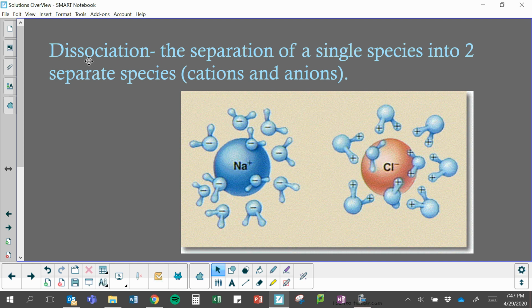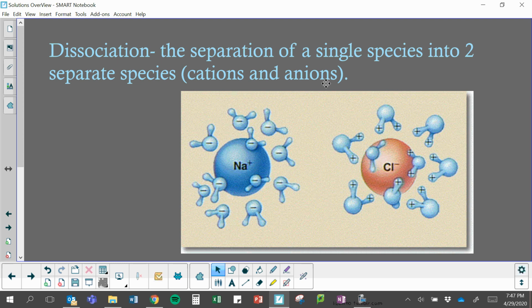We also have the idea of dissociation, and this is dealing with mostly ionic compounds. So when we have salt, for example, and we put it into our water, in order for that solution to occur, first we're going to have dissociation, which is the separation of that sodium chloride into two different species, the cation and the anion.